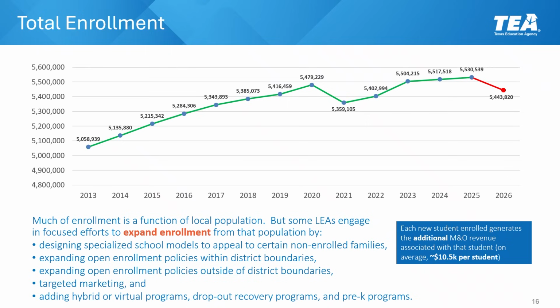They can expand open enrollment policies outside of district boundaries. They can do targeted marketing, and they can add hybrid or virtual programs, dropout recovery programs, and pre-K programs. With each new student enrolled, a district could earn on average $10,500 per student.